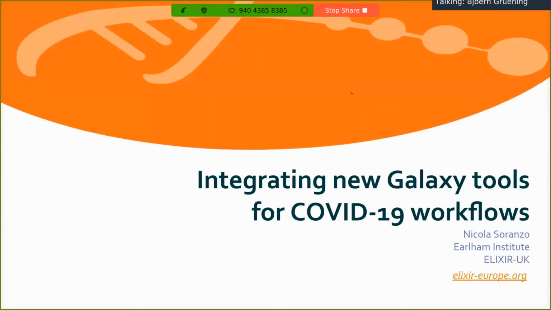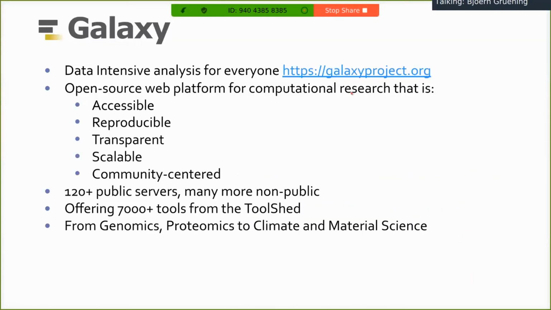The next step, which we did, and this was also led by Nicola from the Great Britain ELIXIR node, is integrating tools into the Galaxy platform. So the Galaxy platform is an open source web-based platform for computational research with a special focus on accessibility and reproducibility. And there are already 7,000 tools available in one web page, so in one web server.